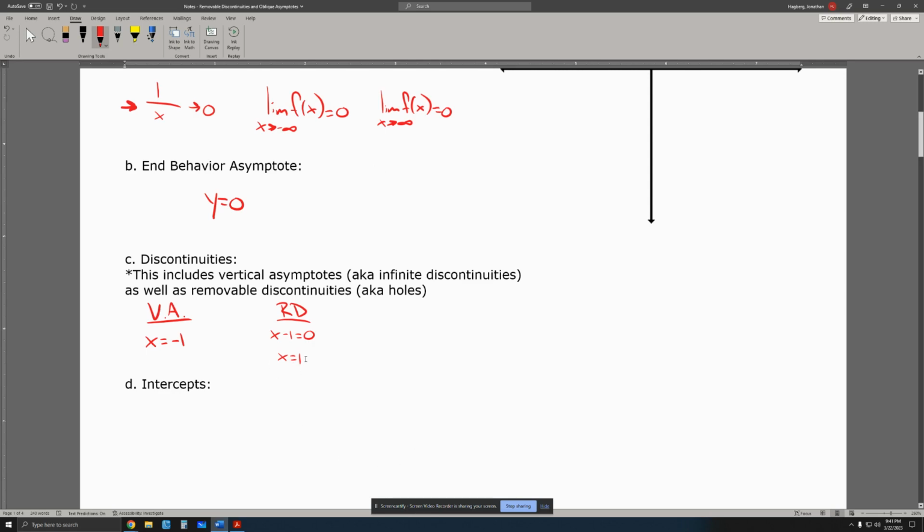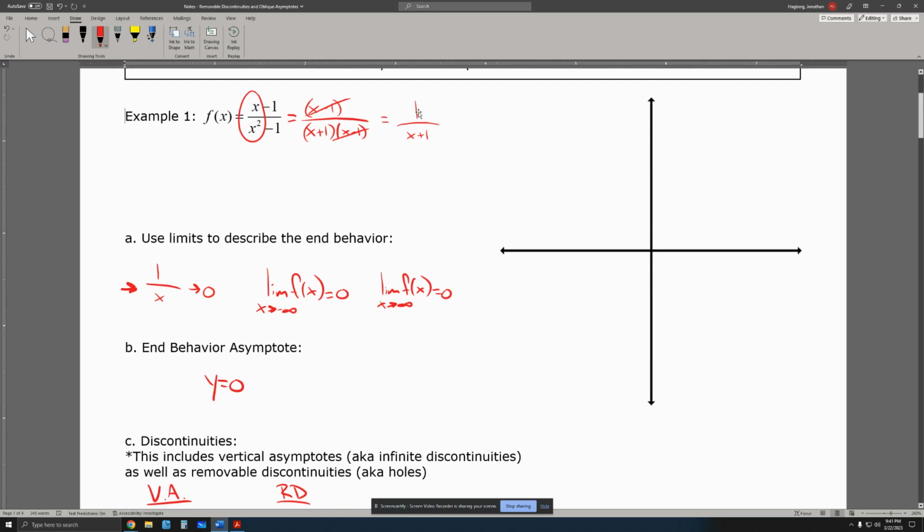So we're going to take x equals 1 and plug it into the reduced function. The reason why is that if we were to plug it into the original, we would get that it's undefined. We'd get divided by 0 here.